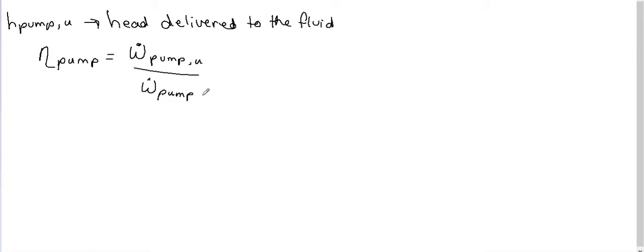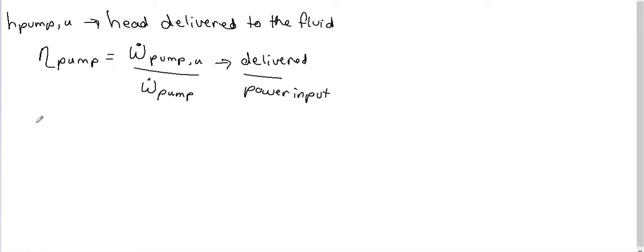So what's coming out versus what's going in. Okay, so this is what got delivered to this fluid, and this is the power input. And that makes sense, right? Of course, it's always going to be less than 100%. Wouldn't it be great if it was over? But we know that if you get eta greater than 100%, you know you went wrong there.